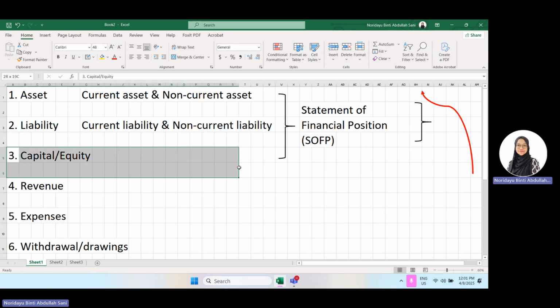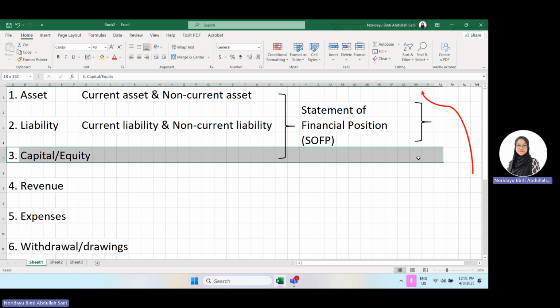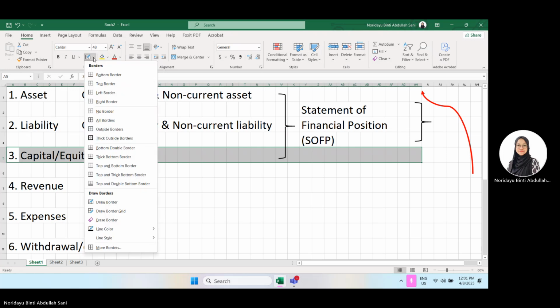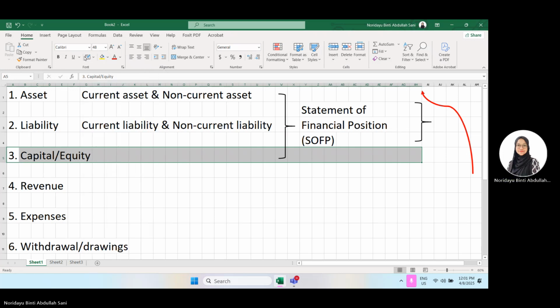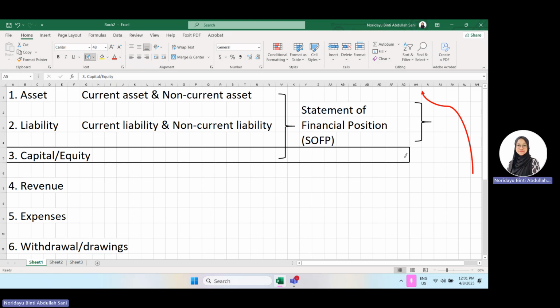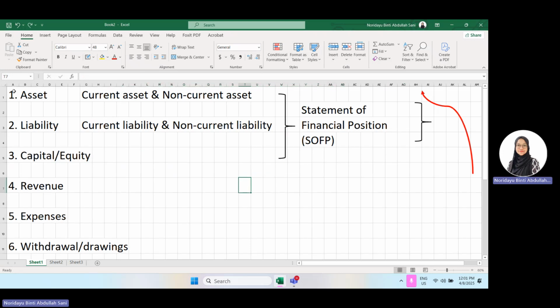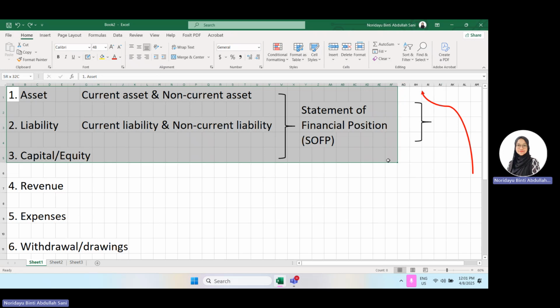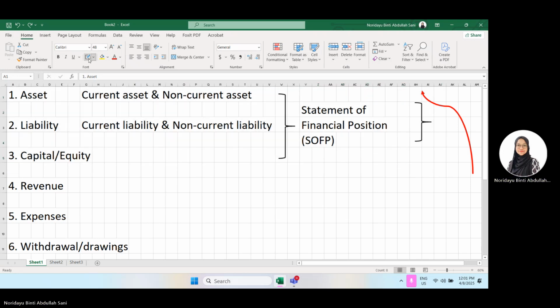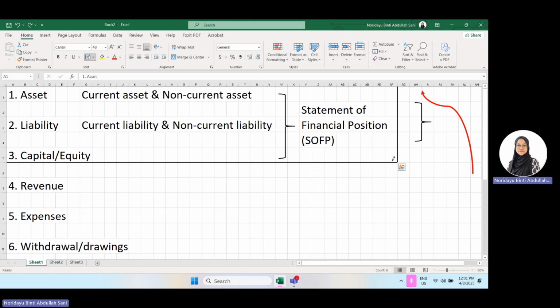So this, normally I will draw a line here so people know that we are going to have these three components in preparing our, what we call it, in preparing, okay, maybe I can put a box here. Okay, in preparing our SOFP.